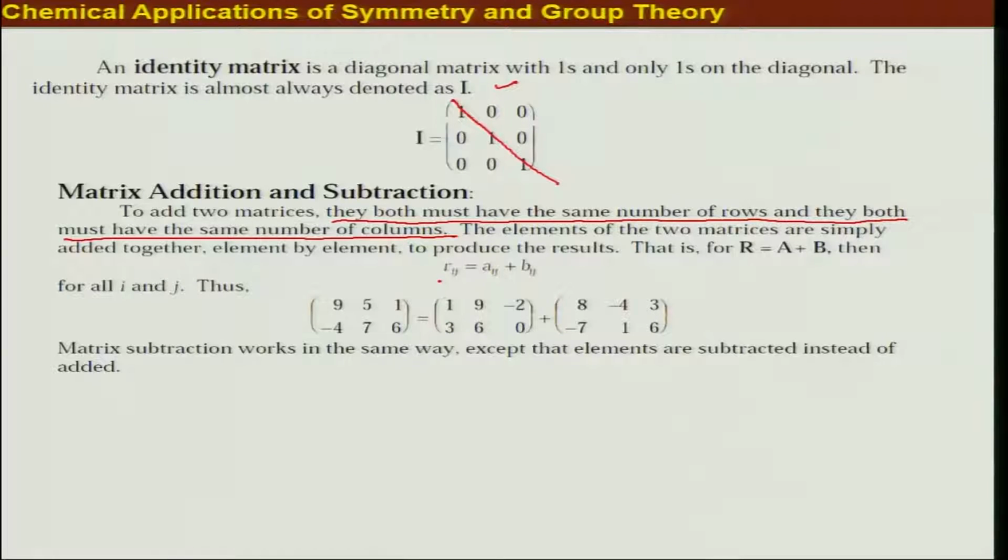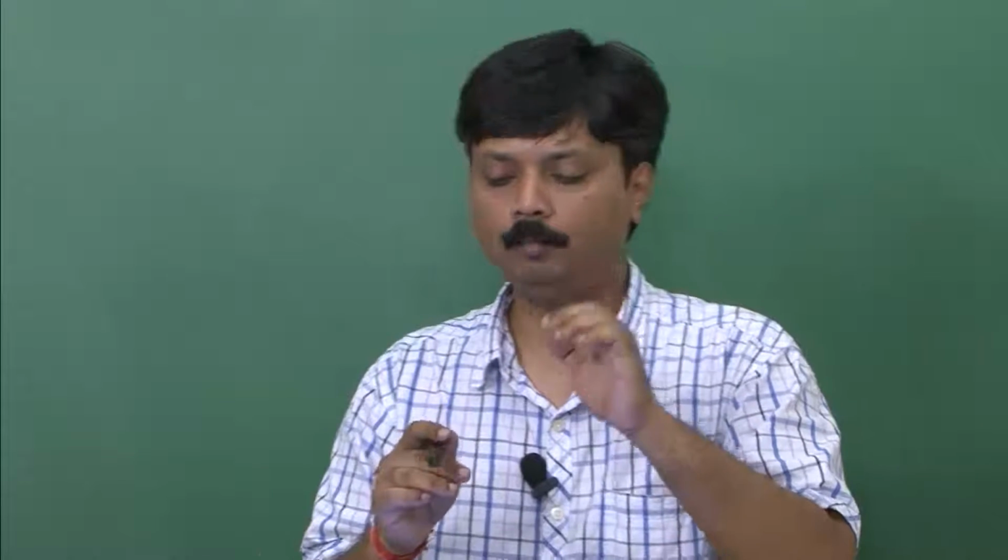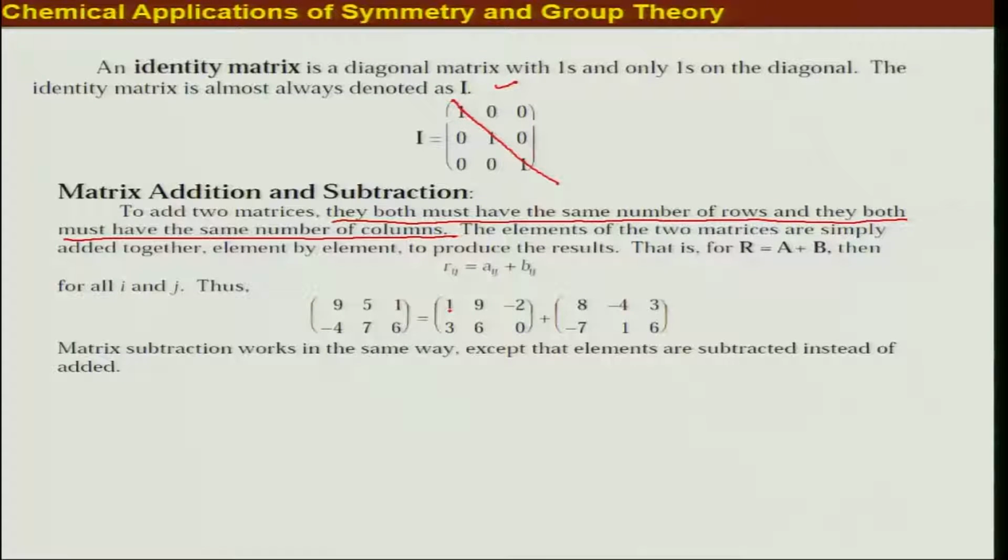like this, because for any addition, the elements of two matrices are added together, and this is done element by element. Okay, so if I have a matrix like here, shown here, in the first row I have 1, 9 and minus 2, and on the other hand, in the other matrix I have 8, minus 4, 3. So I can map 1 to 1. So 1 plus 8, 9 plus minus 4 and minus 2 plus 3. So I can have this 1 to 1 addition or 1 to 1 subtraction.